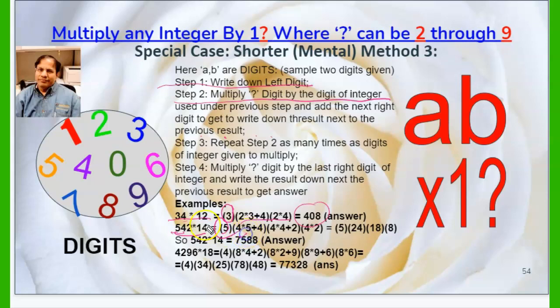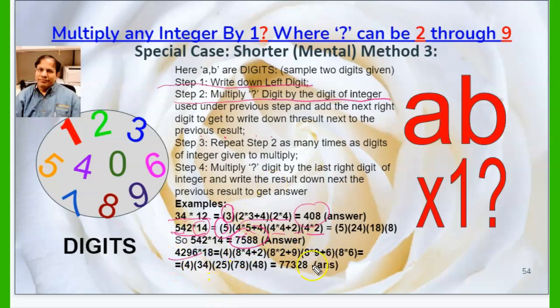So if we multiply by 14, then the right digit of 14 is 4, so we multiply by 4. The left digit of 54 is 5 times 4 plus 4. And then the 2 digits, if I take 42, then the left digit is 4, so 4 times 4, and then we add 2. The right digit is 2, so it is 4 times 2. And we get the answer 758.